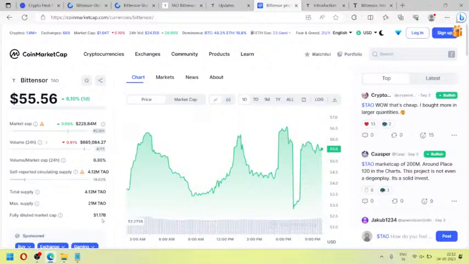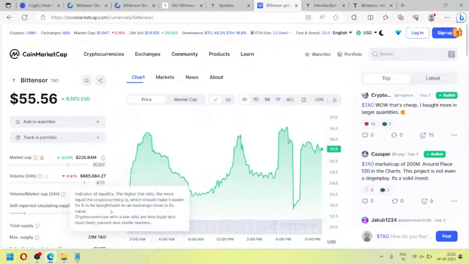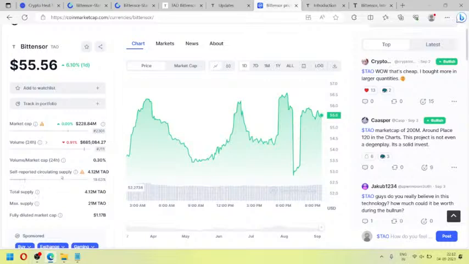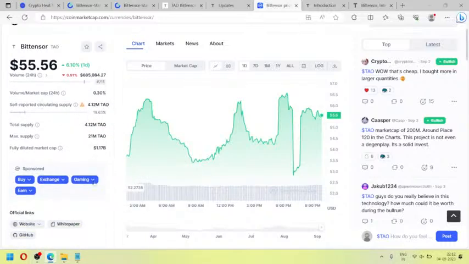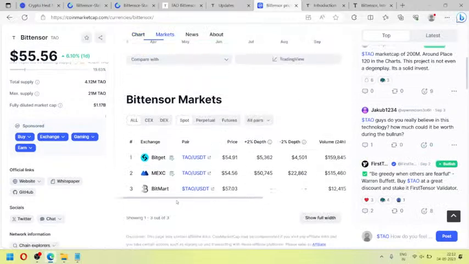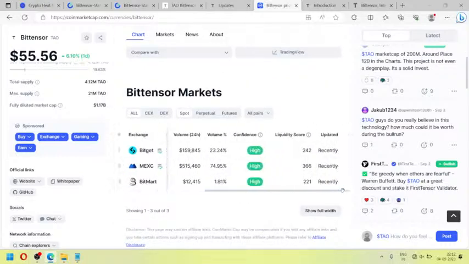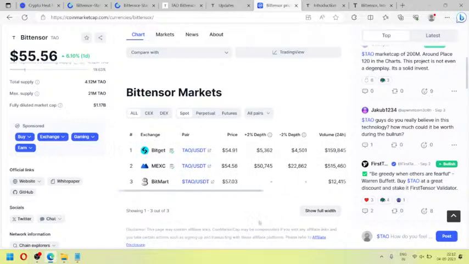The market cap is 1.7 billion. They are launching on exchanges. You can see now the Bittensor token is available on Bitget, MEXC, and BitMart. And from tomorrow we can see it on Gate.io also.